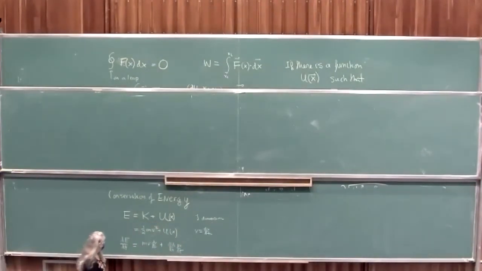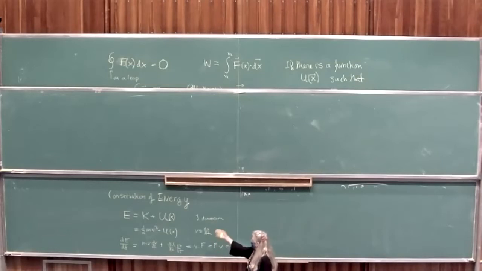And m dv dt is the force. So this is vF, and dU dx is minus the force, and dx dt is v. So this is vF, and that's Fv, and it cancels to be 0.